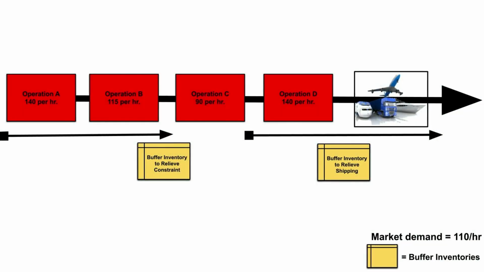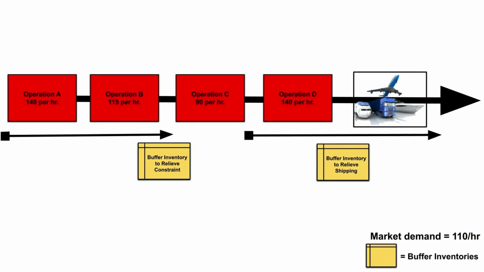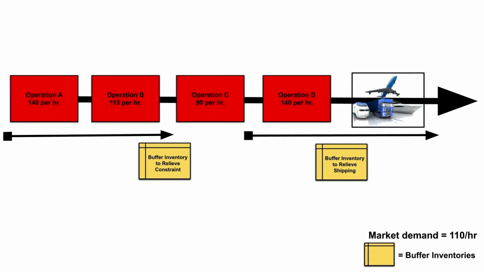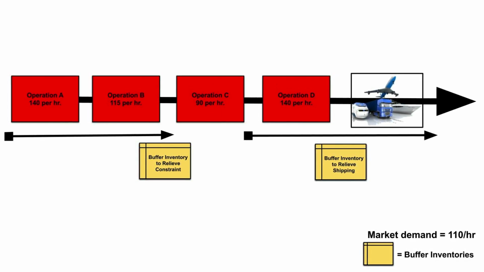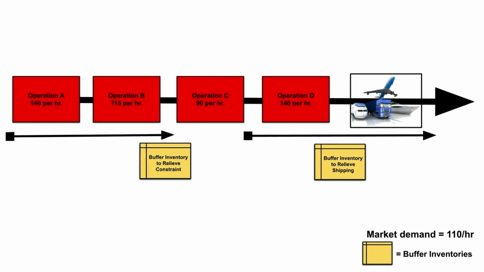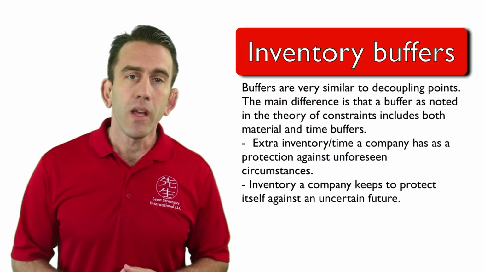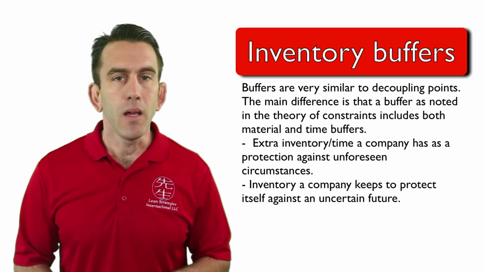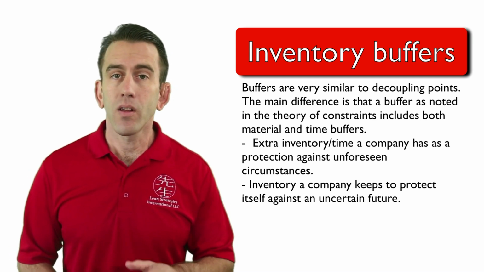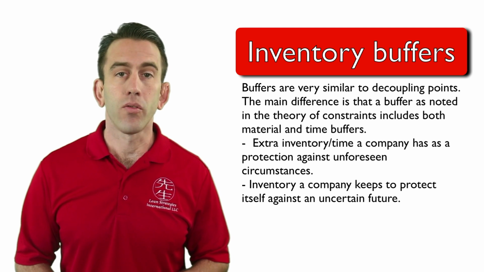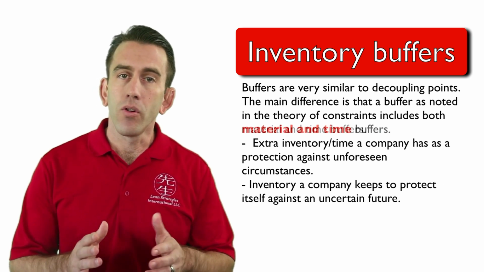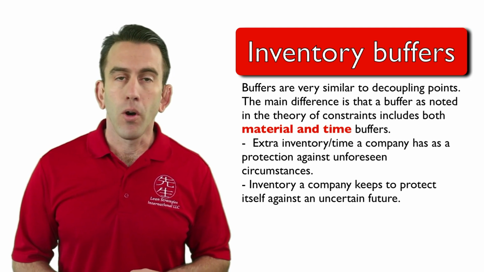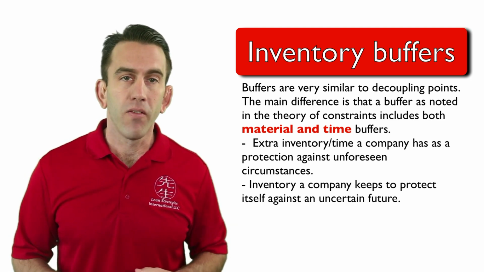This allows an organization to have specific hold points where they can use the unfinished goods to level a process or prevent a stop in the line. In simple words, we can say it is the excess inventory that a company keeps in reserve to protect itself against an uncertain future. As noted earlier, buffers can be maintained as material buffers or time buffers.